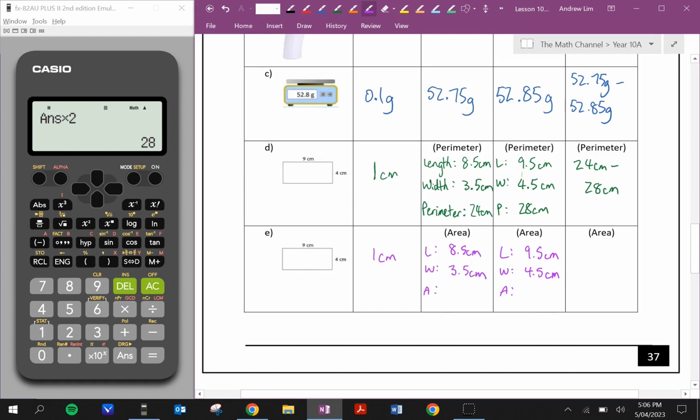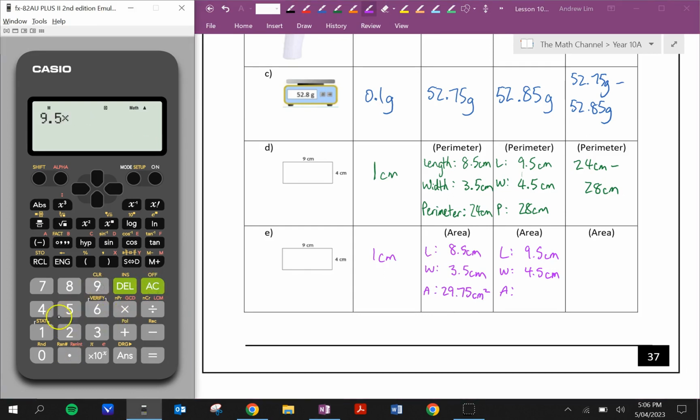And so, if the actual length of the rectangle is 8.5 and the actual width is 3.5, then the area would be 8.5 times 3.5, because length times width is the area of a rectangle, 29.75 centimeters squared. It's the smallest area, we believe.